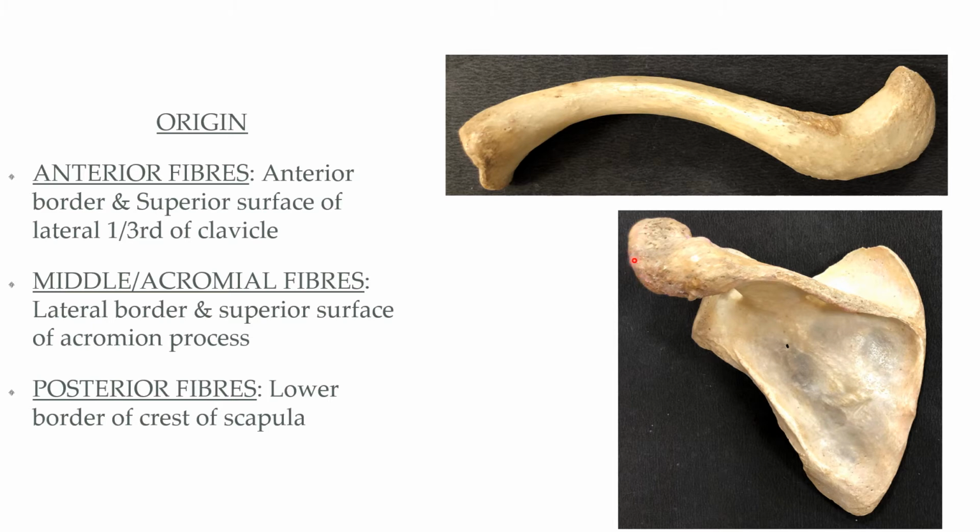So the lateral border of the acromial process and adjacent part of the superior surface of the acromial process of scapula is the site of origin of middle fibers of deltoid. The posterior fibers of the deltoid take origin from the lower border of the crest of spine of scapula. So this is the site of origin of the posterior fibers of the deltoid.